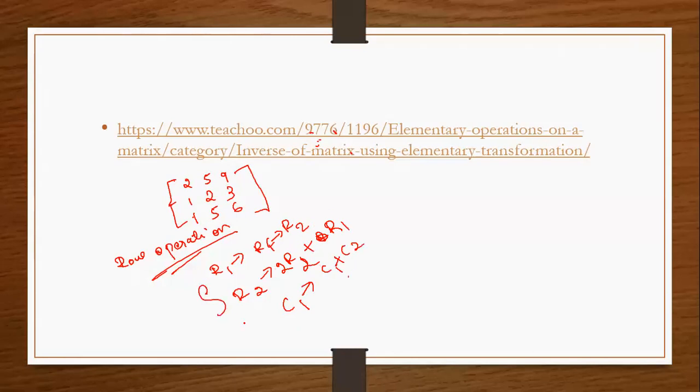Either you have to do all row operations only, or all column operations only for one particular matrix. You can go for row operations or column operations, but both at a time you cannot do.